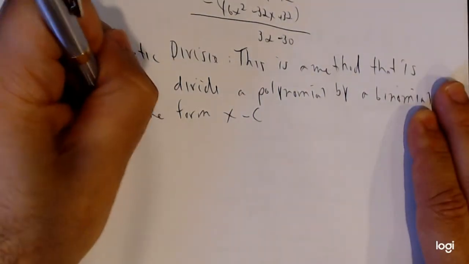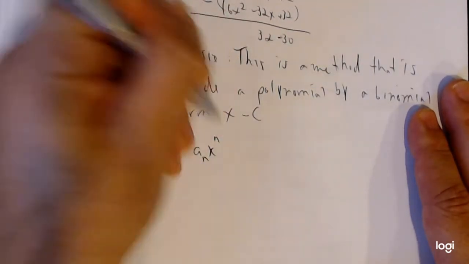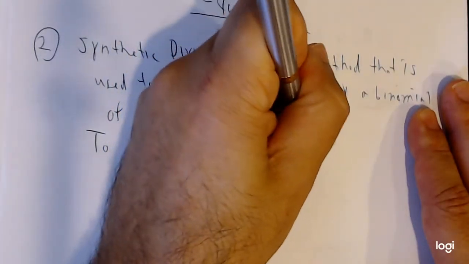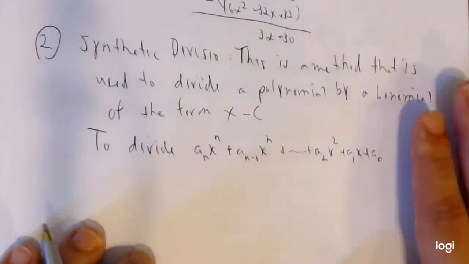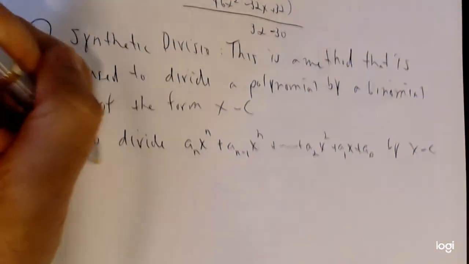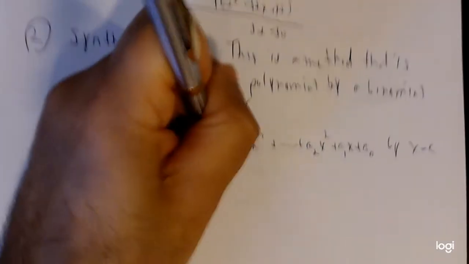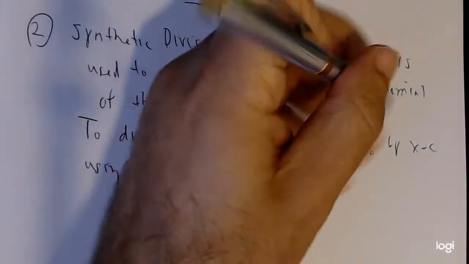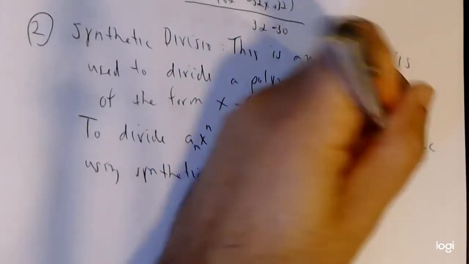Let me show you the process, and we'll do some examples. To divide a polynomial, which in general looks like a sub n x to the n plus a sub n minus 1 x to the n minus 1 plus, and so on, plus a sub 2 x squared plus a sub 1 x plus a sub 0, by x minus c using synthetic division, we will follow this process.